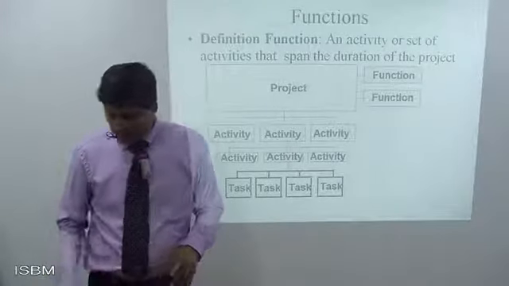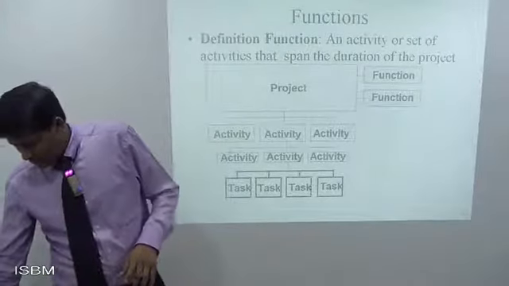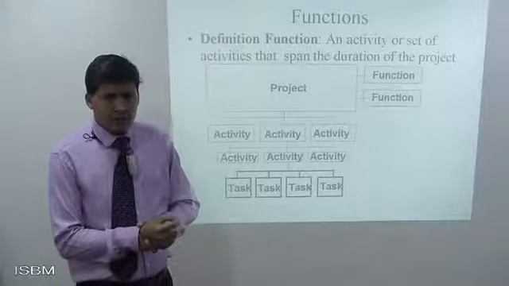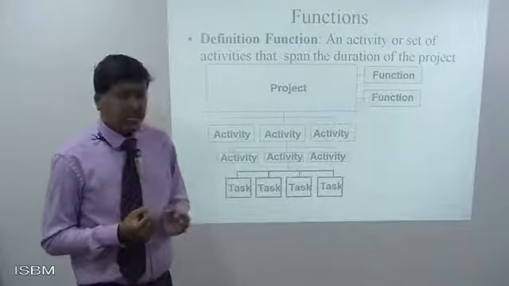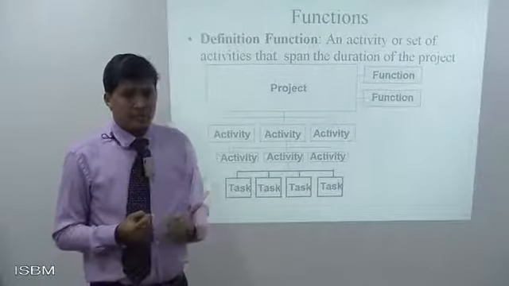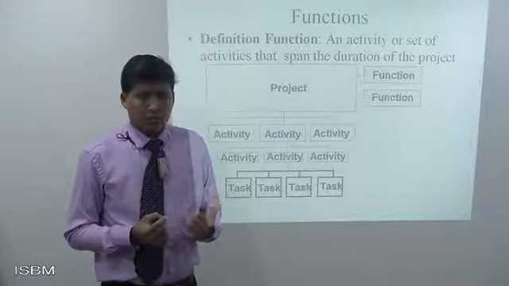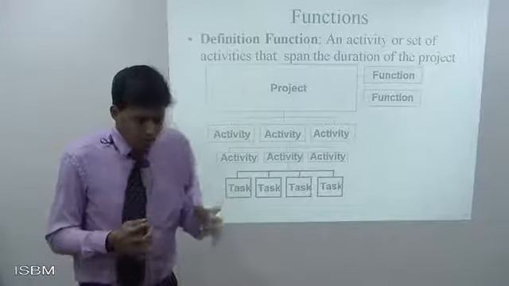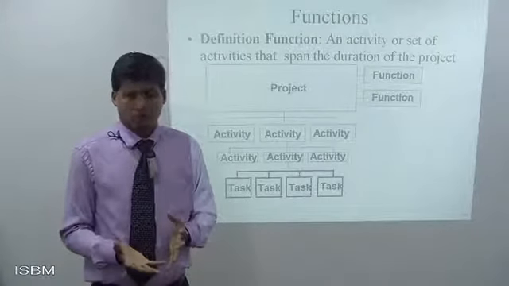So let's also understand what a function is. A function is an activity or set of activities that span the duration of the project. So a group of activities is called a function.